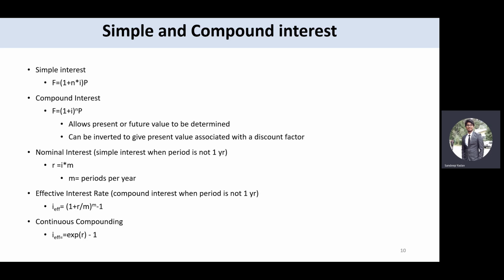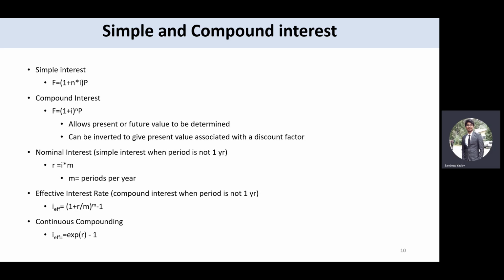Now for continuous compounding, i effective = e^r − 1, where r is the interest rate. In that way, we can calculate nominal, effective, and continuous compounding.